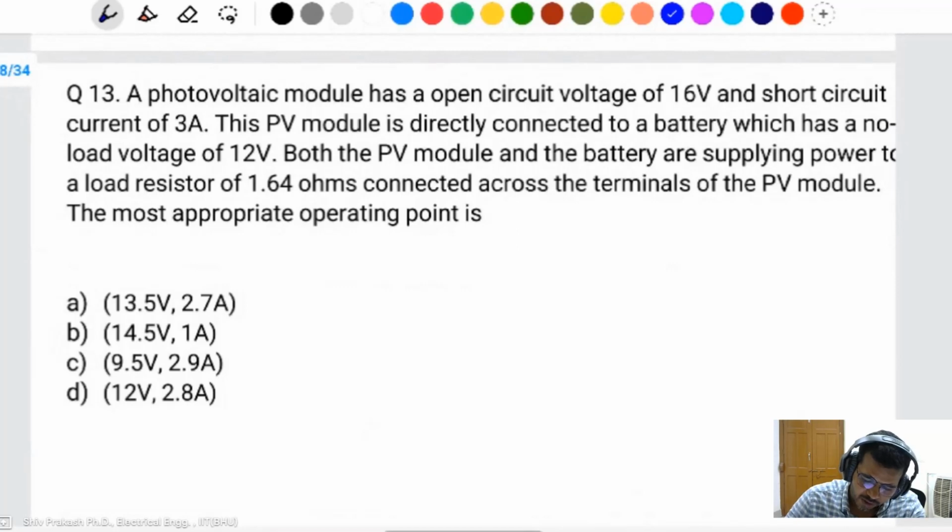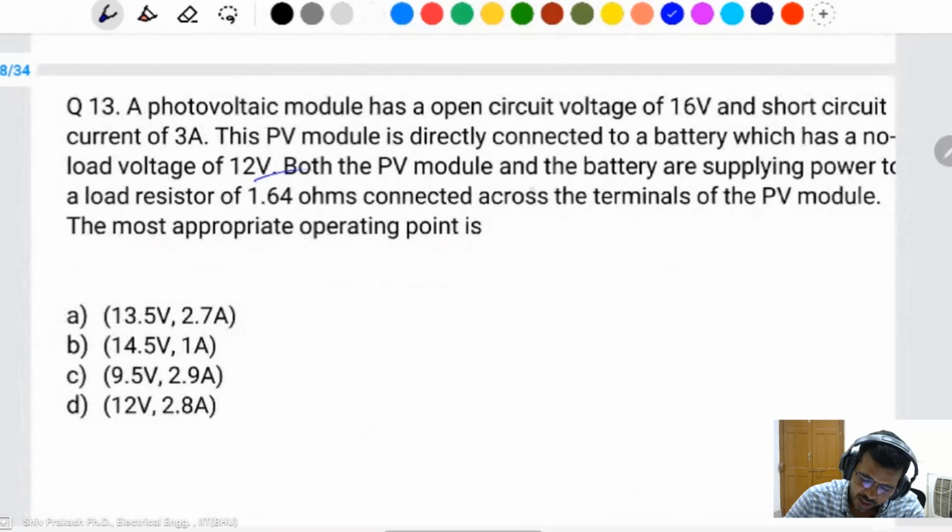A photovoltaic model has an open circuit voltage of 16 volt and a short circuit current, same phenomena. It is directly connected to the battery which has a no load voltage of 12 volt. Both the module and the battery are supplying power to the load of resistance 1.6 ohm.